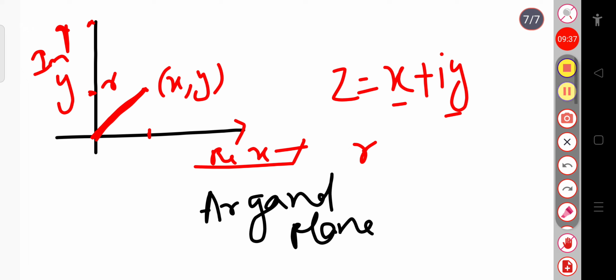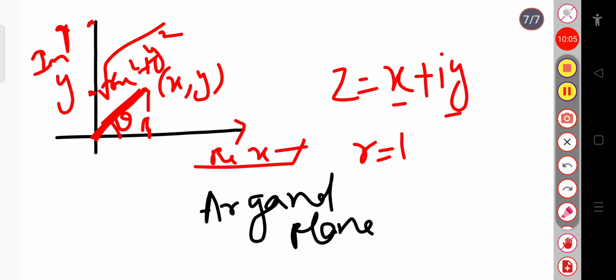To represent this complex number, if I draw a perpendicular over the x axis and it makes an angle theta with the x axis, I will discuss it later in polar coordinate system. Simply if you can remember, this part is the square root of x square plus y square, or simply this r is denoted by mod z, the modulus of z.